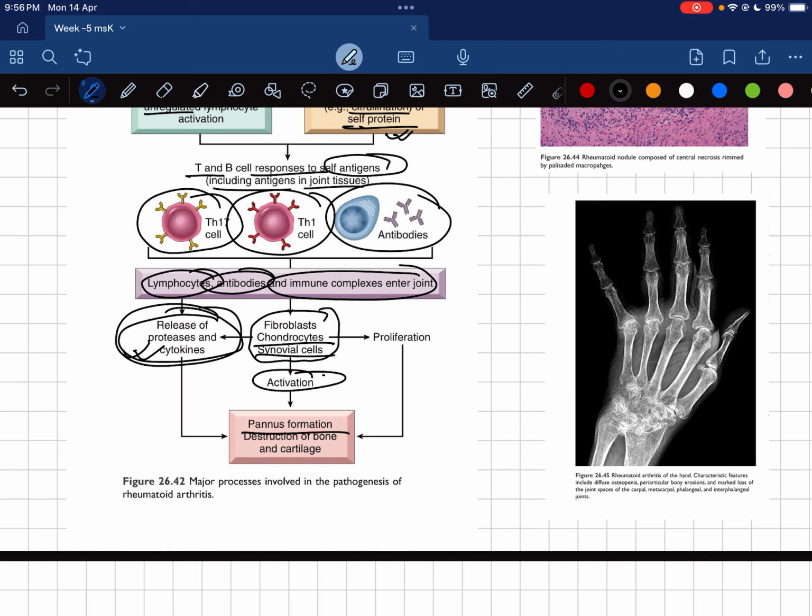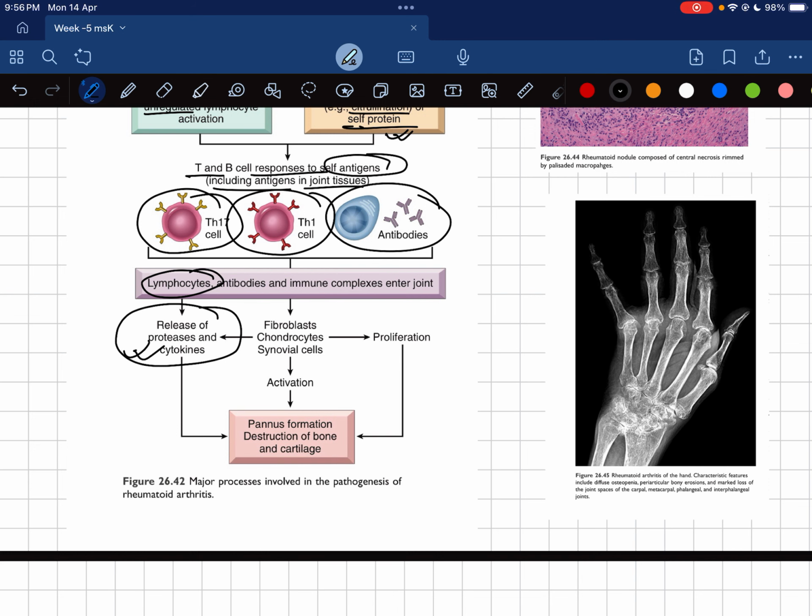Pannus formation occurs, and there is destruction of bone and cartilage due to the release of proteases and cytokines and proliferation of these cells.